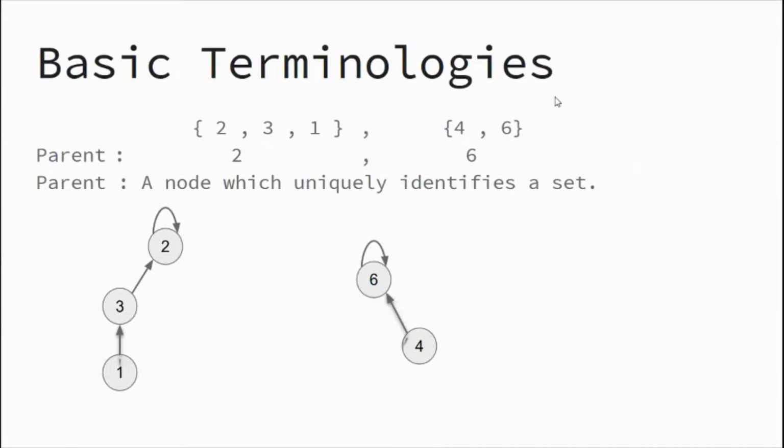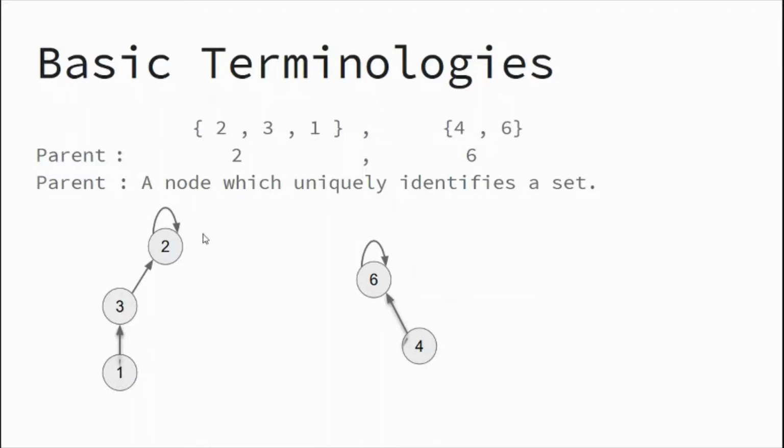Now here we are given two sets, 2 3 1 and 4 6. The parent of 2 3 1 is 2 and of 4 6 is 6. So this is the conceptual representation of disjoint set. Here we can see this is the first set and this is the second set, and in each we have a parent. A parent is the one which points to itself.